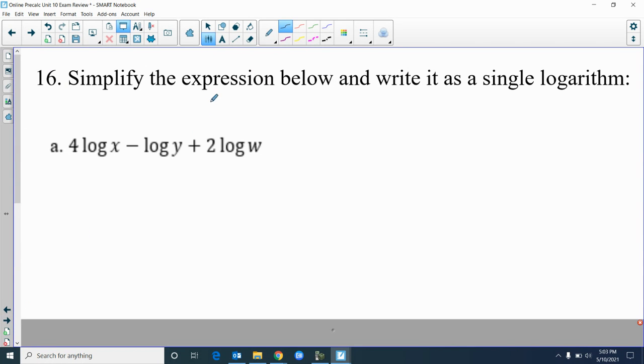Okay, using the properties. You need to go one at a time, and you need to use the order of operations from left to right. So first of all, anytime you got a constant in front, it becomes a power. I don't usually worry about the minus as a power in these situations. So this becomes log of x to the 4th minus log of y plus log of w squared.